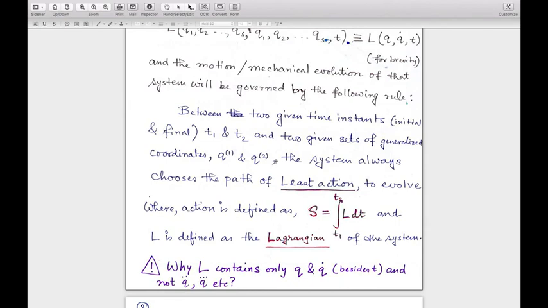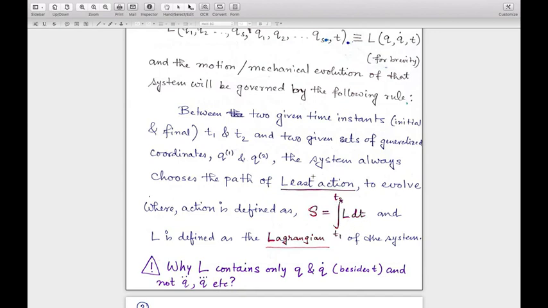So basically, if we give you a collection of choices, let's say 5 or 6 paths, it will always choose the path of least action. If we give you all possible such sets of generalized coordinates, the system will choose the path of least action for its physical evolution, where action is defined as S, which is the integral of L dt.